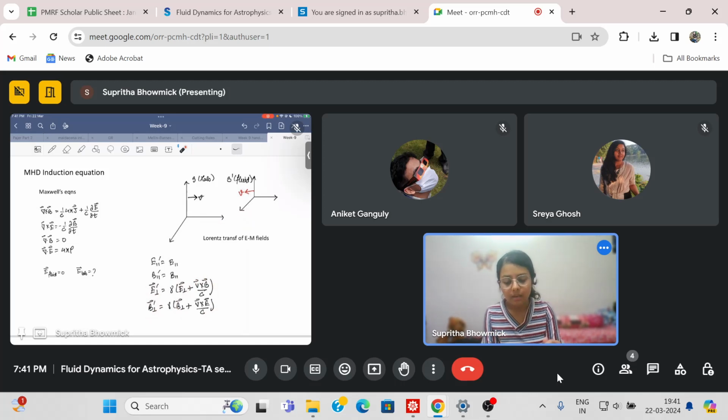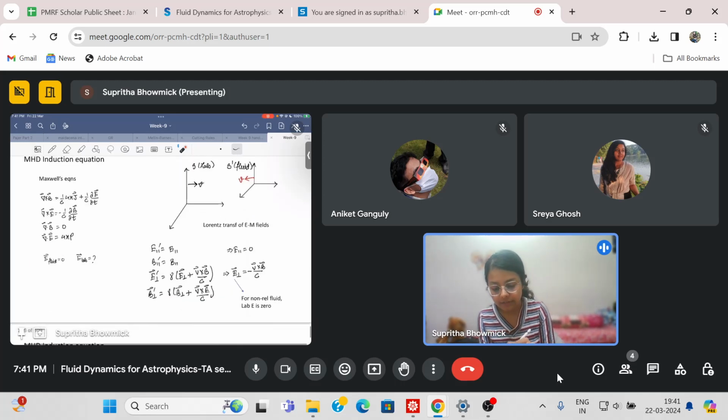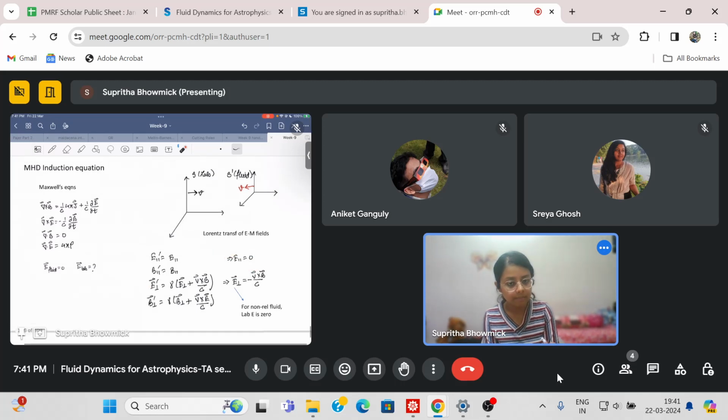Okay. But we know that E fluid is zero, which means that E parallel prime and E perpendicular prime are both zero. What we can say from these two equations is that E parallel is zero, which means that the electric field along x direction in the lab frame is zero.